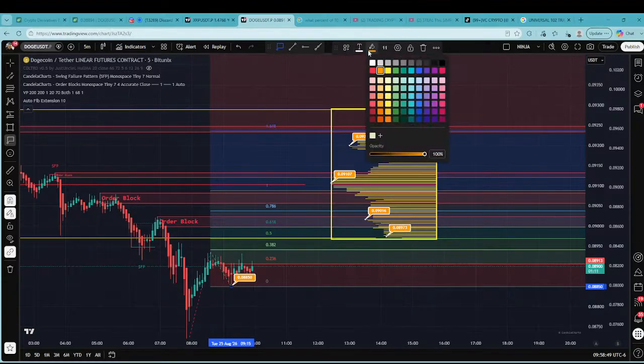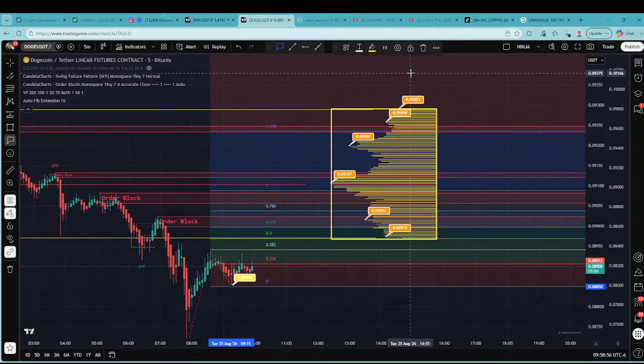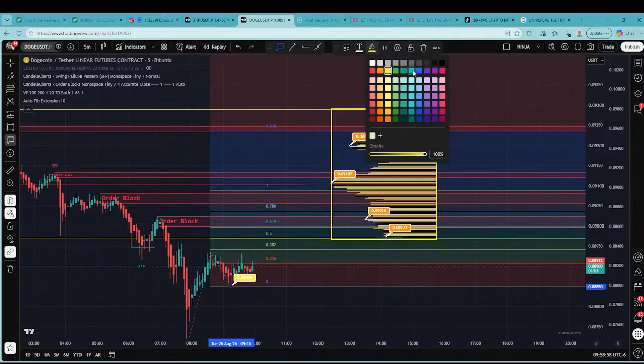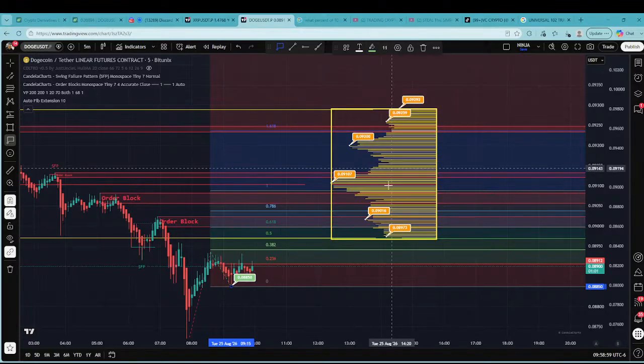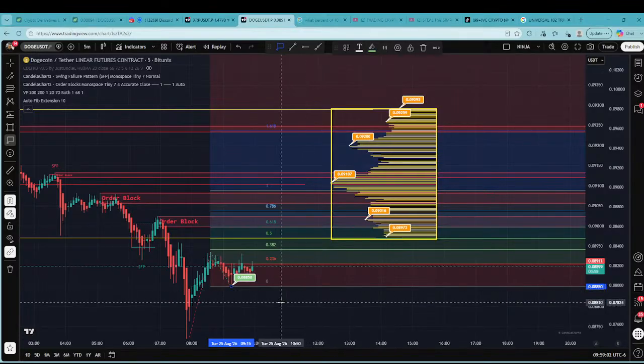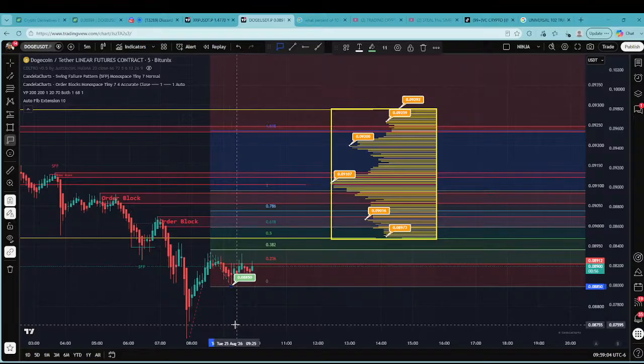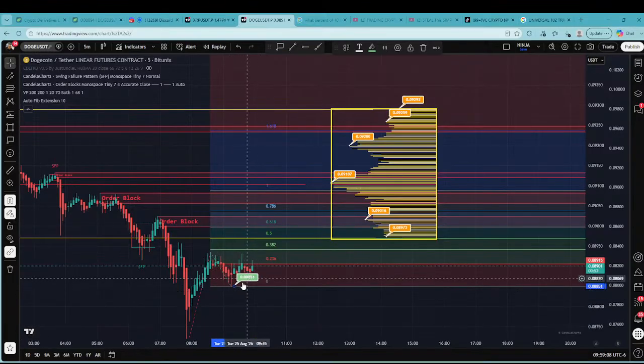And I'm going to turn that one probably light green. And what that means is that right there would be considered our entry, because you can see that's where it found support and then it bounced up.